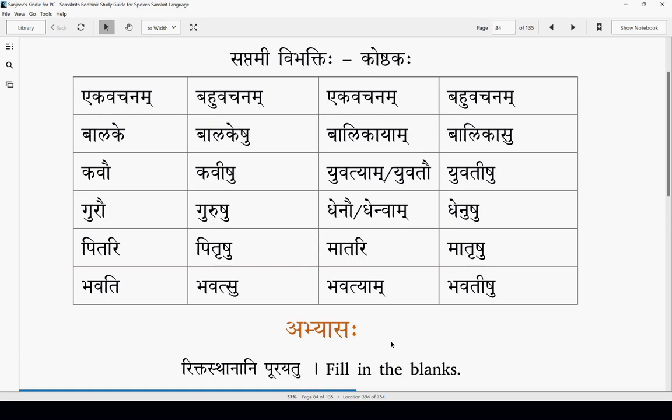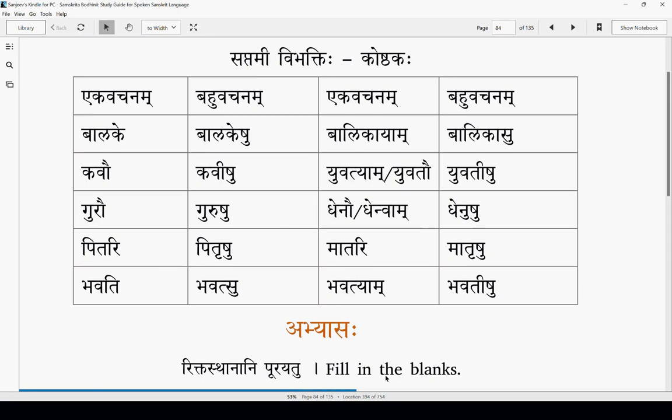But there is no Kriya actually happening here. He is good at something. Lekhane Nipunah. Or another example, let's take Kavishu.